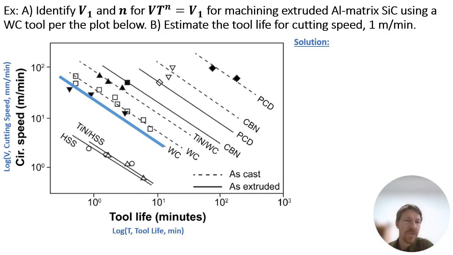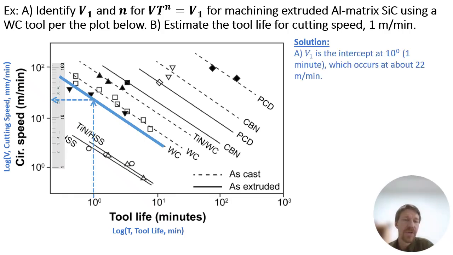The first thing I need to do is find the trend that I'm looking for. There's the tungsten carbide. I relabeled my axes just to clarify which one is the V and which one is the T. And our solution is going to start with finding that V1 value. V1 value is for a tool life of 1 minute, which is 10 to the 0 power.